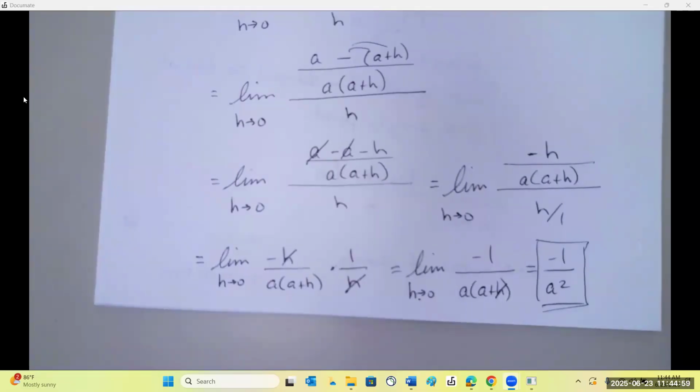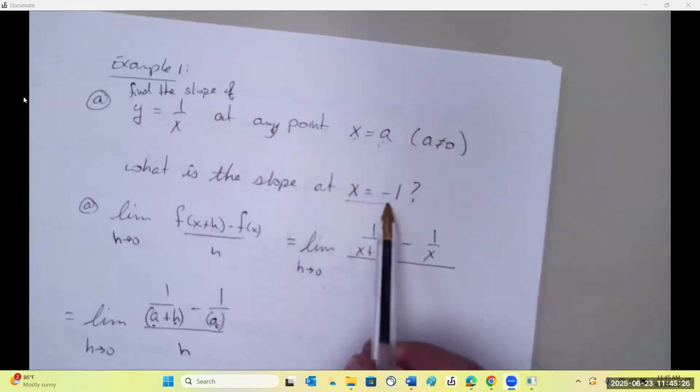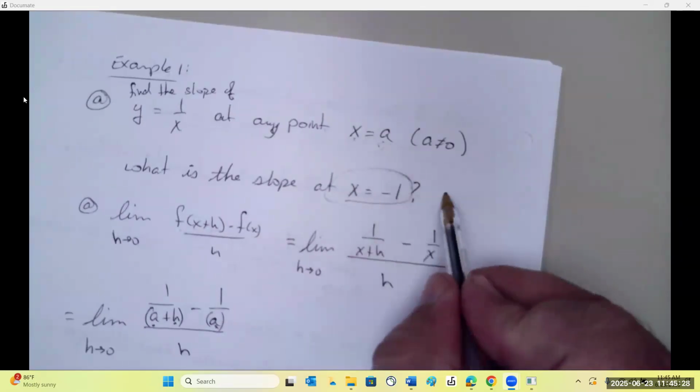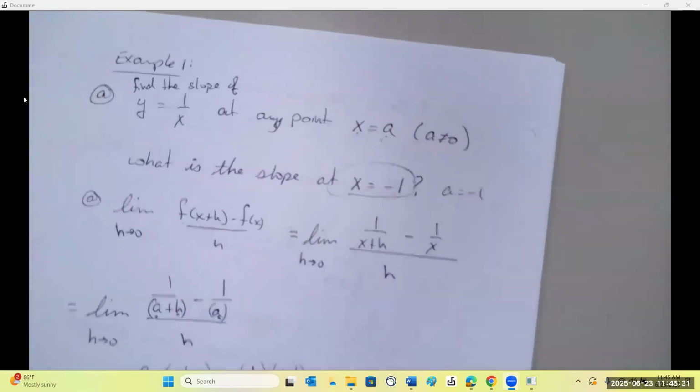What does that represent? What is that? The slope of the line tangent to the curve at any a I give you. So now let's try when x is -1, so when a is equal to -1.